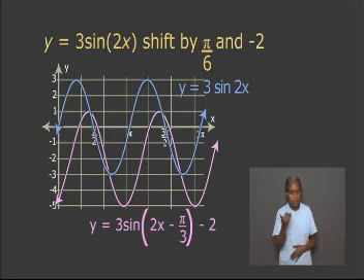Draw the graph of y equals 3 times sine of 2x and shift it by pi over 6 units in the positive x direction and 2 units in the negative y direction.